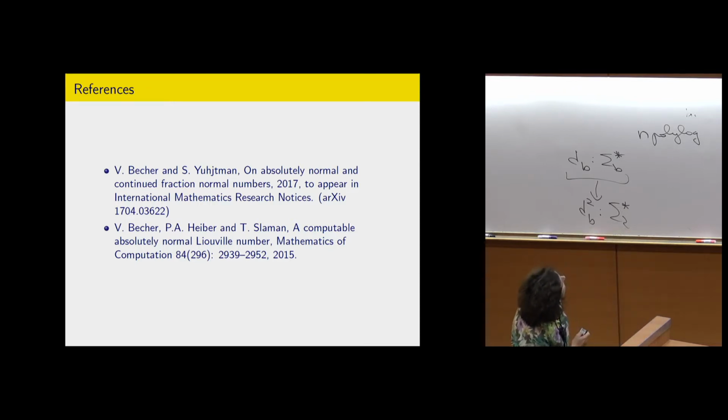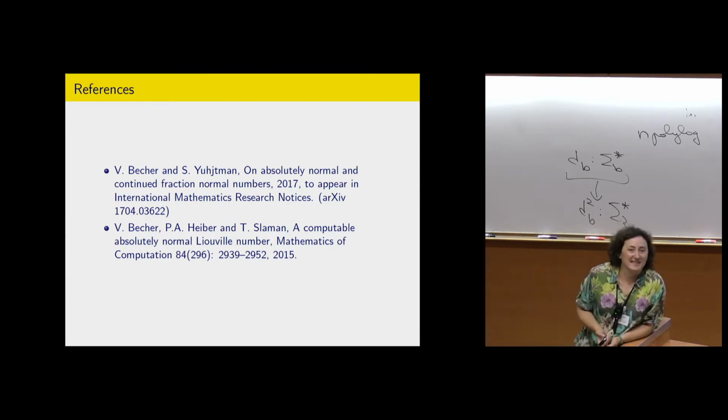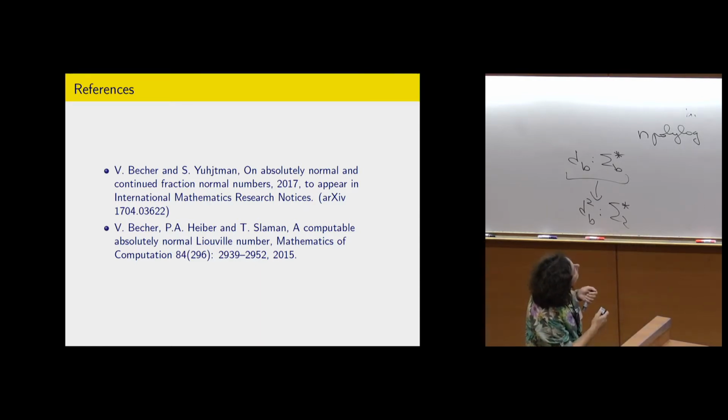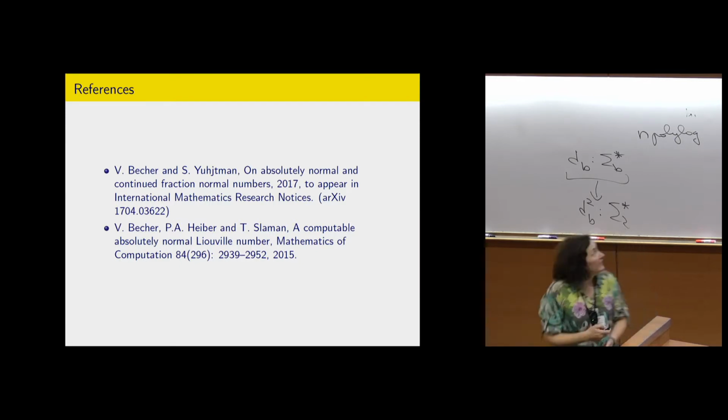In the first one, they have looked at continued fraction normal numbers. If you've ever looked at continued fractions, they are another way of representing real numbers. You can also look at normality there, at numbers that avoid any pattern. So they have built a number that is both absolutely normal and continued fraction normal, and they have done it efficiently.